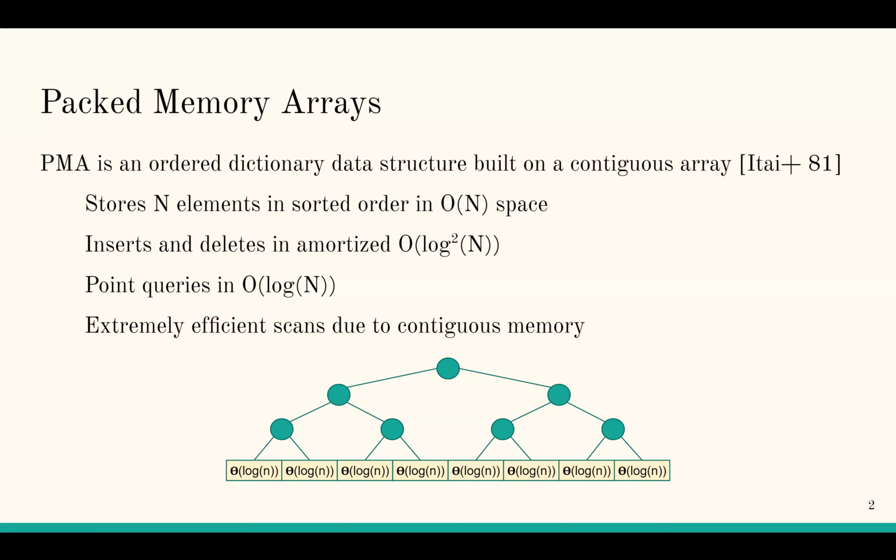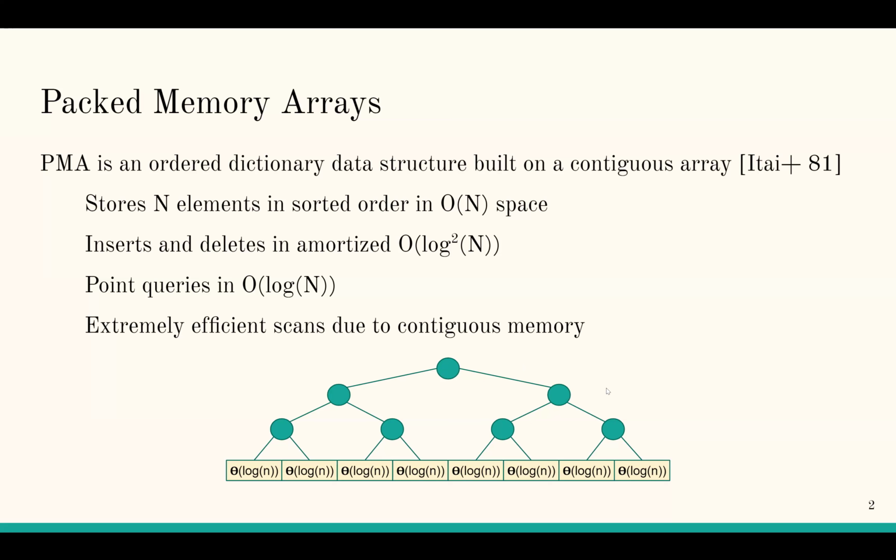Then whenever you want to insert a new element, you can simply put the element where you want to, and shuffle around a small number of elements to maintain space. To ensure that you can always do this, you also maintain a set of densities so that no region of the PMA gets too sparse or too dense, so that you can keep adding new elements. I show it up here both on the bottom as continuous memory and on top as a tree.